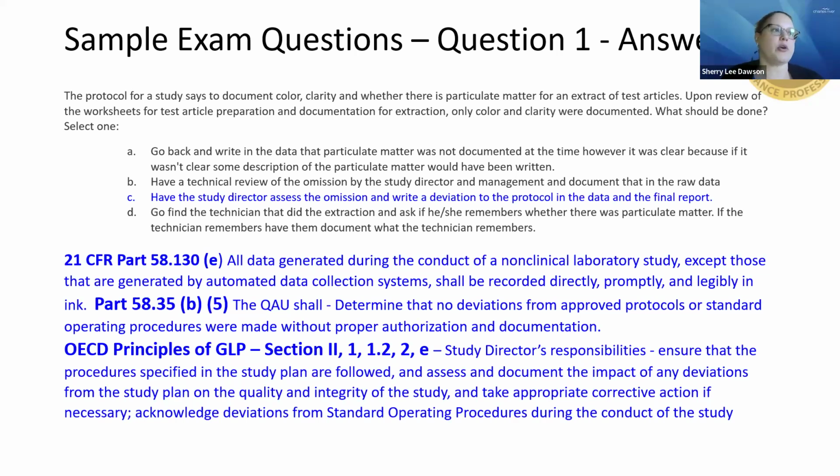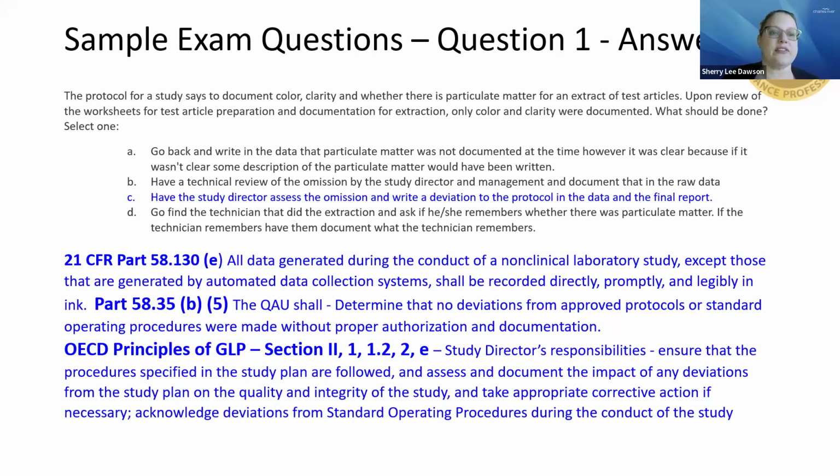The response comes from 21 CFR Part 58.130(e): all data generated during the conduct of a non-clinical laboratory study, except those generated by automated data collection systems, shall be recorded directly, promptly, and legibly in ink. So obviously something wasn't documented.